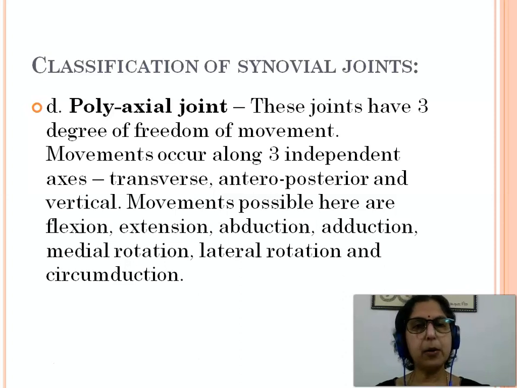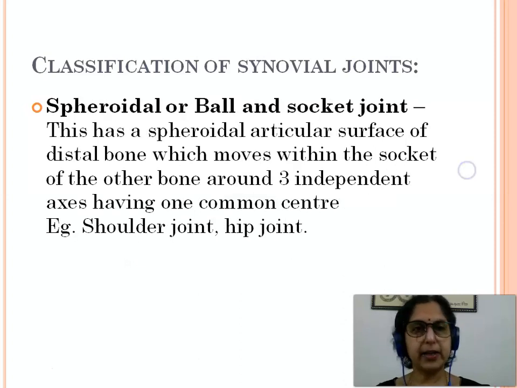Polyaxial joints are of two types, spheroidal or ball and socket, and saddle variety. So the spheroidal or ball and socket joint has a spheroidal or ball-shaped articular surface of the distal bone which moves within the socket of the proximal bone around three independent axes having one common center.